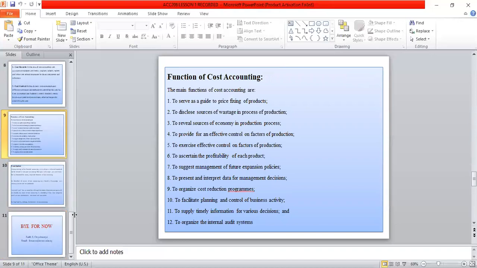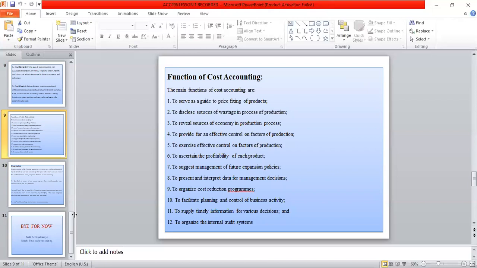We have cost accounting serving as a guide in price fixing of products. Cost accounting could also be used to determine whether there are wastages in the process of production. Cost accounting is a very effective control on the factors of production. We also use cost accounting to ascertain the profitability of each product.